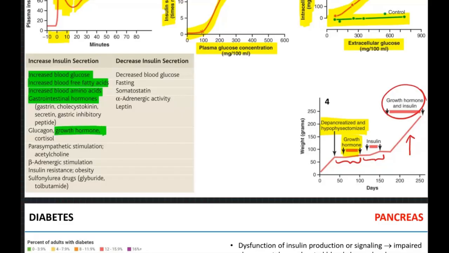Growth hormone, cortisol, even glucagon will stimulate insulin, just in case glucagon increases blood glucose too much. Okay? Sulfonylurea drugs, these are used to treat diabetes. Okay?